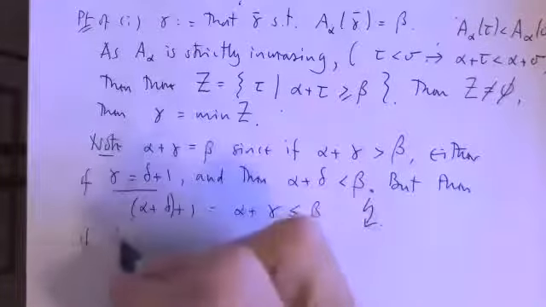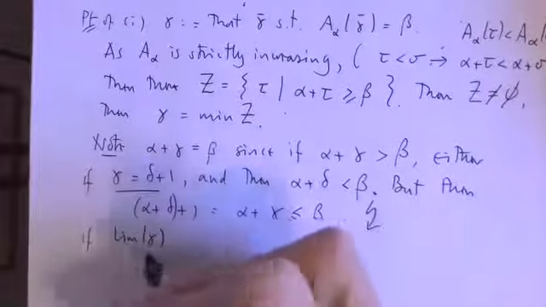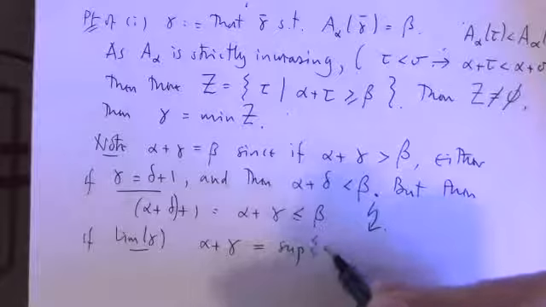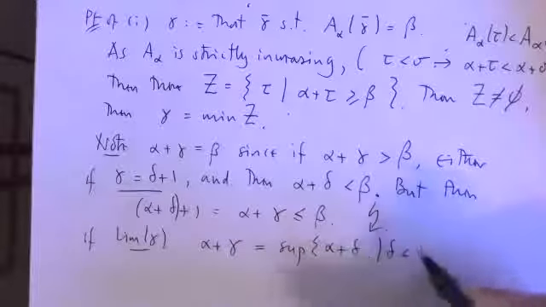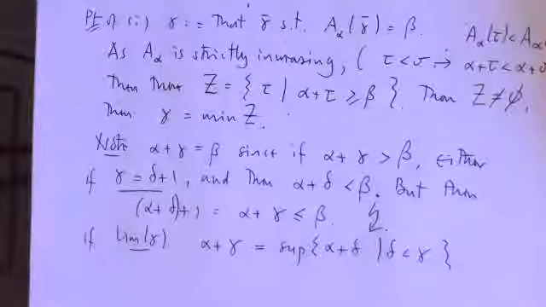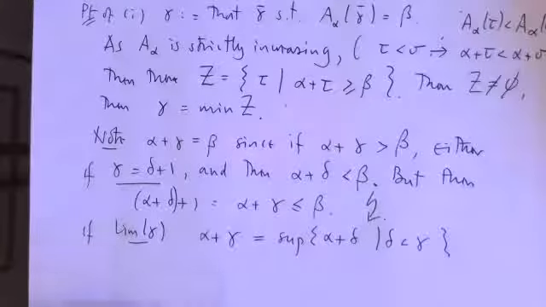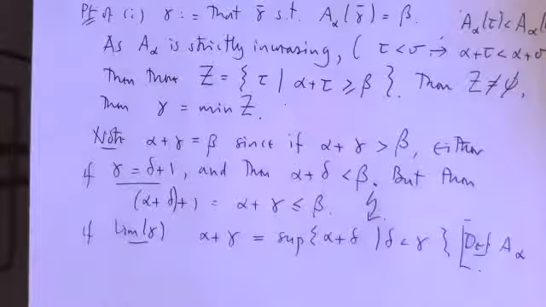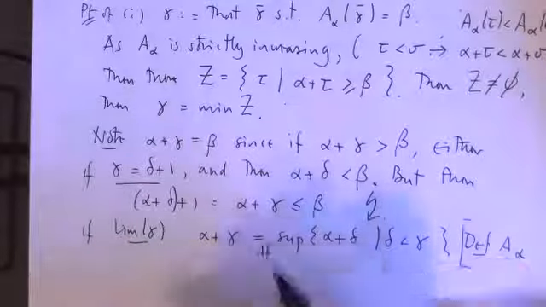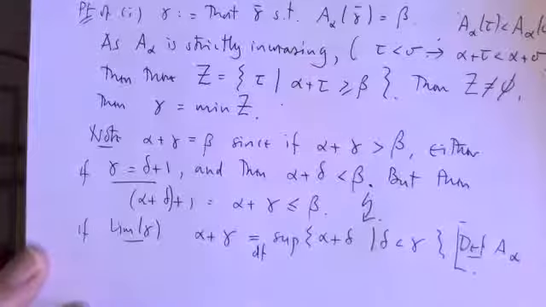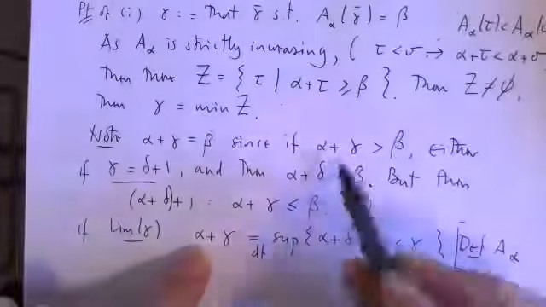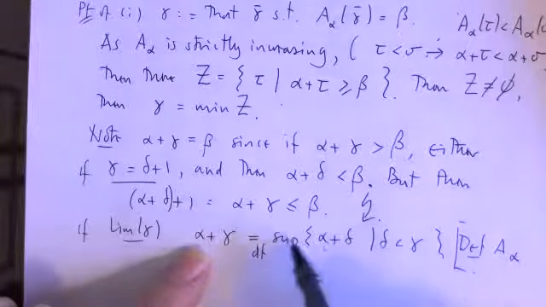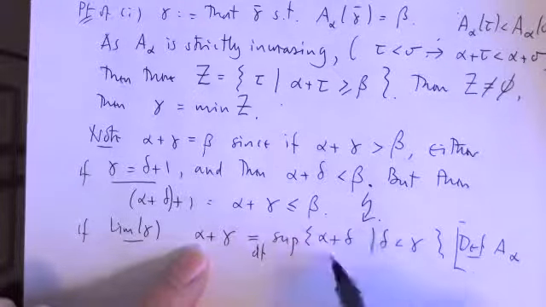So the two cases, if gamma is a limit, then alpha plus gamma is by definition the supremum of the alpha plus deltas for delta less than gamma. Just using the definition of alpha plus here. But now we're supposing this is bigger than beta, right? So this here is the supremum, the least upper bound of all of these ordinals.